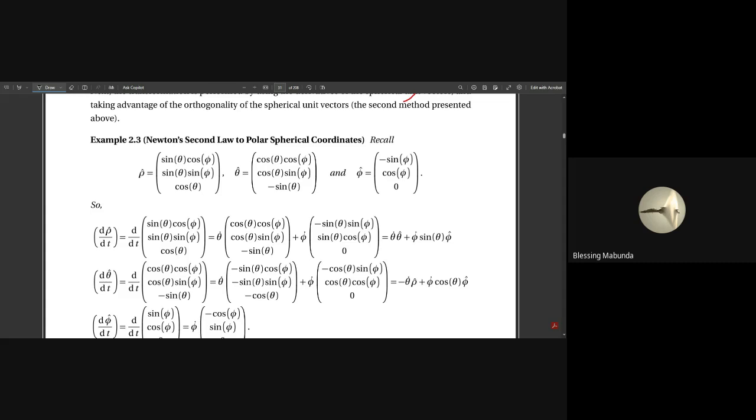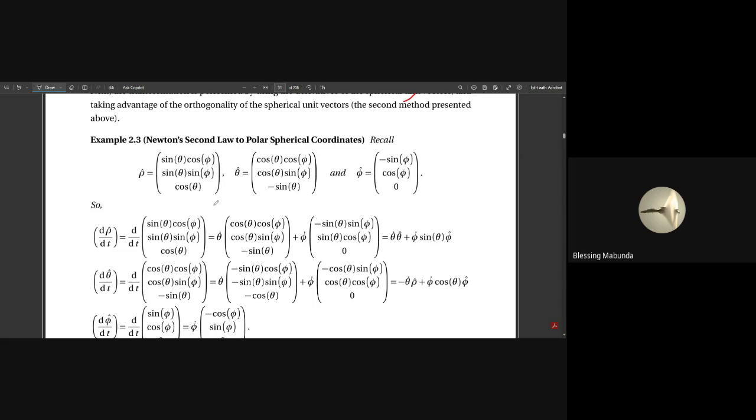So this is, if I'm not mistaken, the coordinates of a sphere. And our theta hat here is cosine theta cosine phi, cosine theta sine phi, minus sine theta. And phi hat itself is minus sine phi, cosine phi, 0.